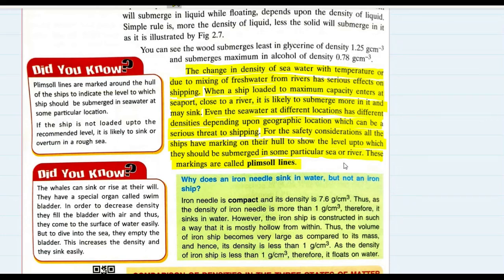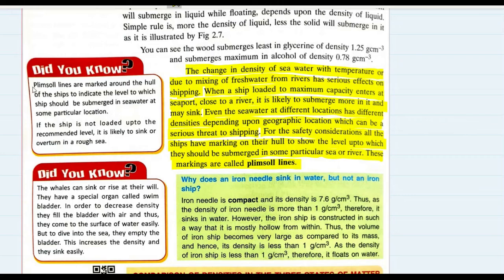So it will not allow the ship to submerge more even if it is fully loaded. But these ships which are designed to sail in seawater, when they enter river water from seawater, they submerge more because the density of river water is less than seawater. So there is always a chance that they will sink if they are fully loaded.